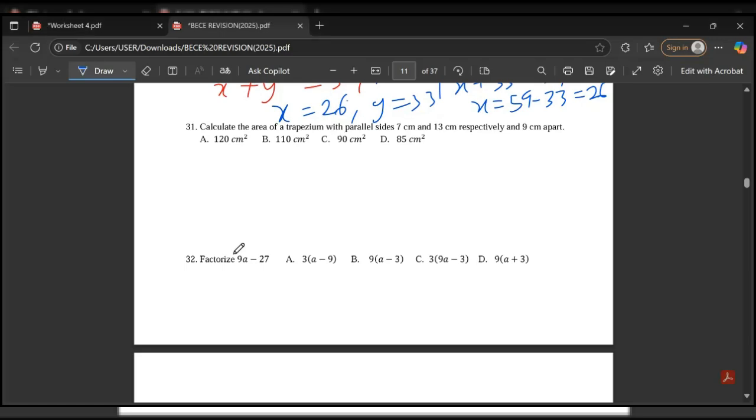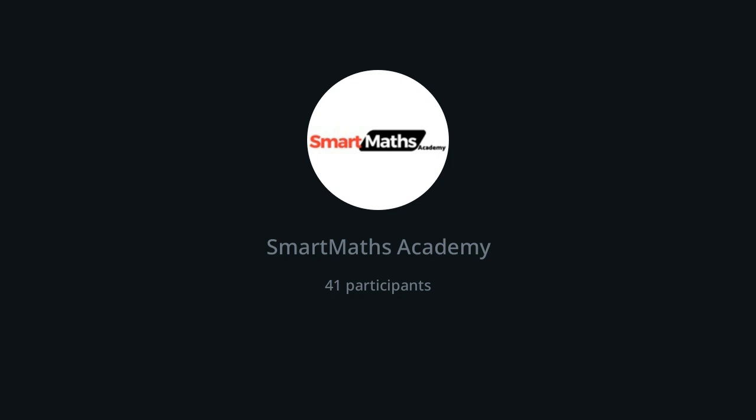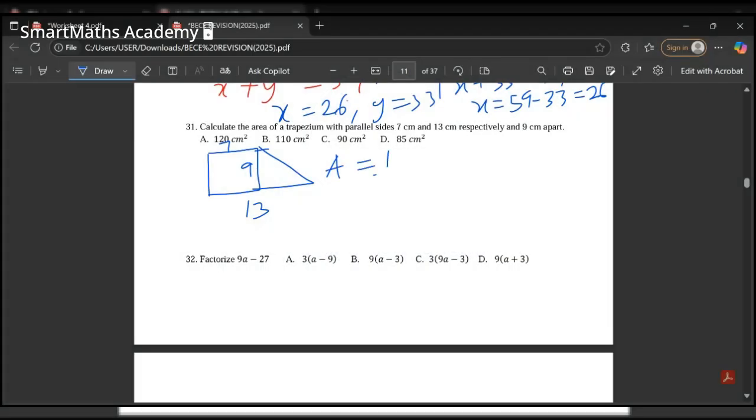Calculate the area of a trapezium with parallel sides 7 and 13 centimeters respectively, and 9 centimeters apart. So the 9 centimeters is the height. So you have a trapezium like this: one side is 7, this side is 13, and the height is 9. The area of a trapezium is half multiplied by (A plus B), where A and B are the two parallel sides, times the height.